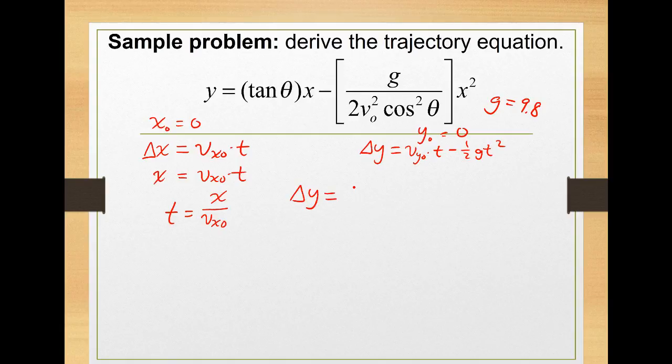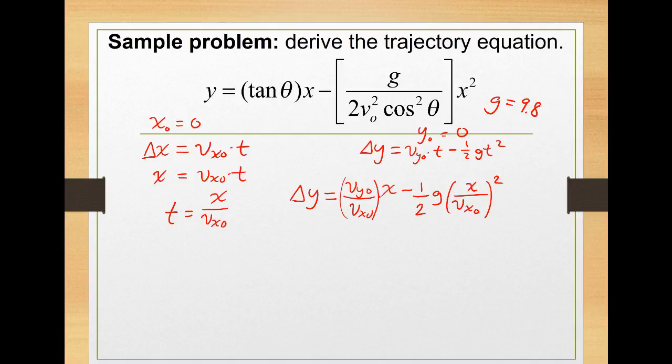So delta y is equal to vy naught times t, which is x over vx naught. I'll write it like that for fun. And then we have 1/2 g, and then we have x over vx naught quantity squared.